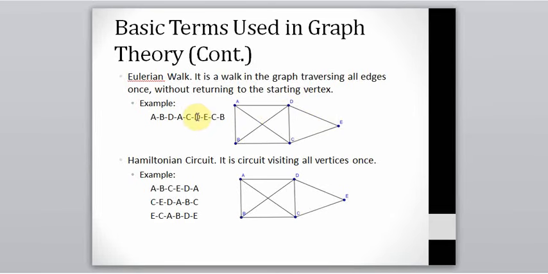Again, this is only one example of a Eulerian walk out of this figure, but you can get a lot of Eulerian walks out of this particular graph.